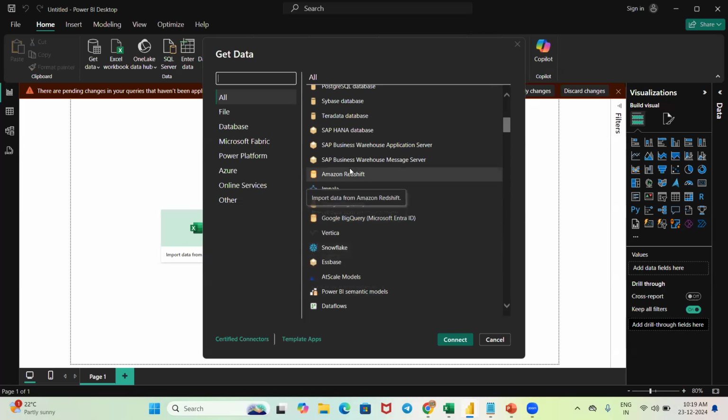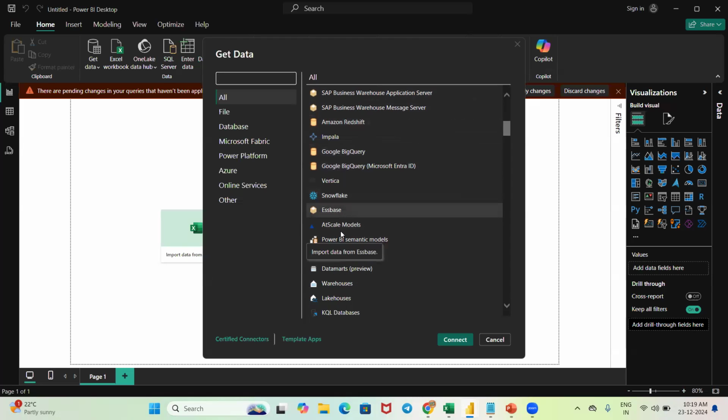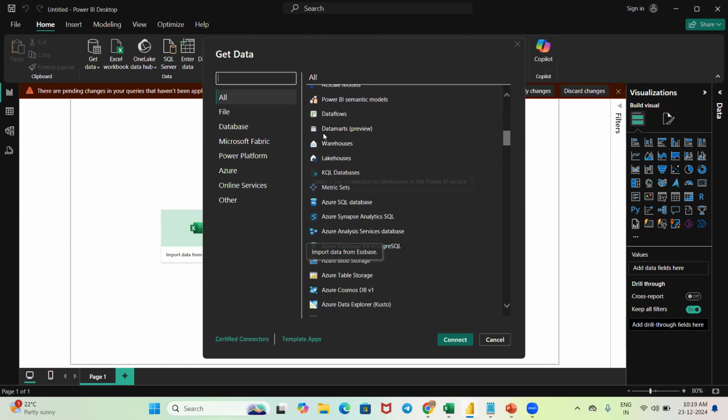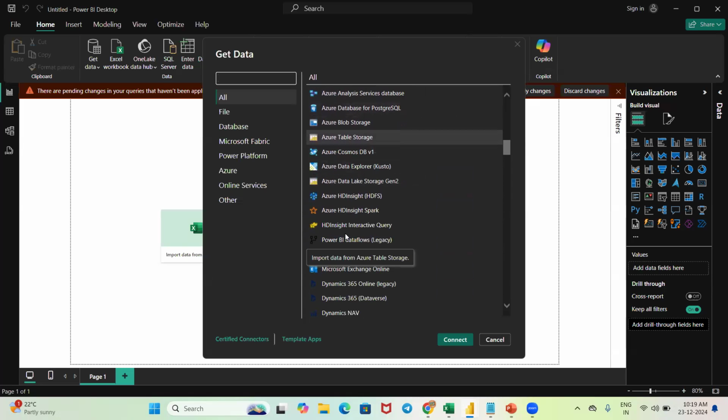And here Amazon Redshift, which is also a database. And here we have so many. See Google BigQuery, which is of Google Cloud, and this is AWS Cloud. Snowflake can be integrated with either of the clouds. And then we have warehouses, lakehouses, KQL databases, and Azure, right? So these are the things.